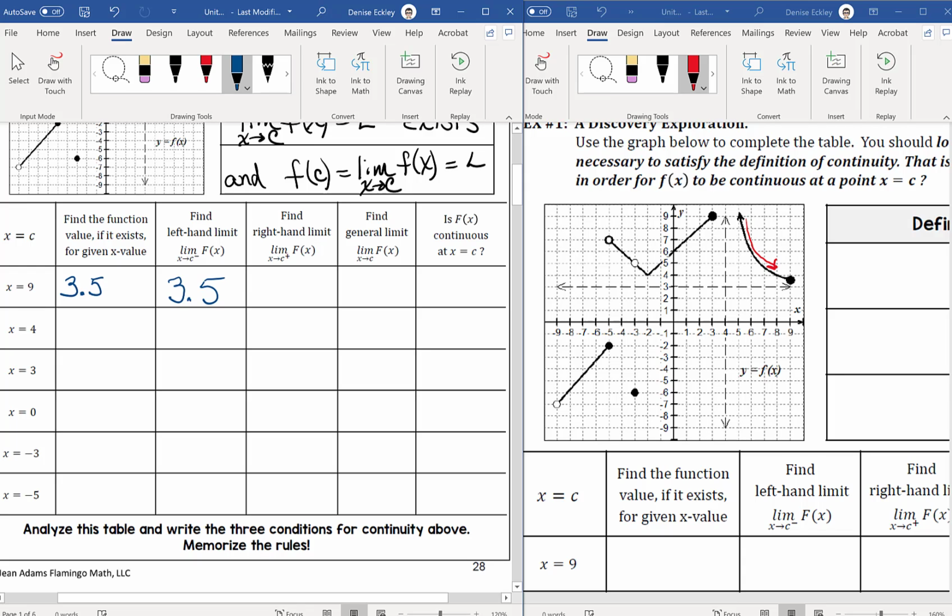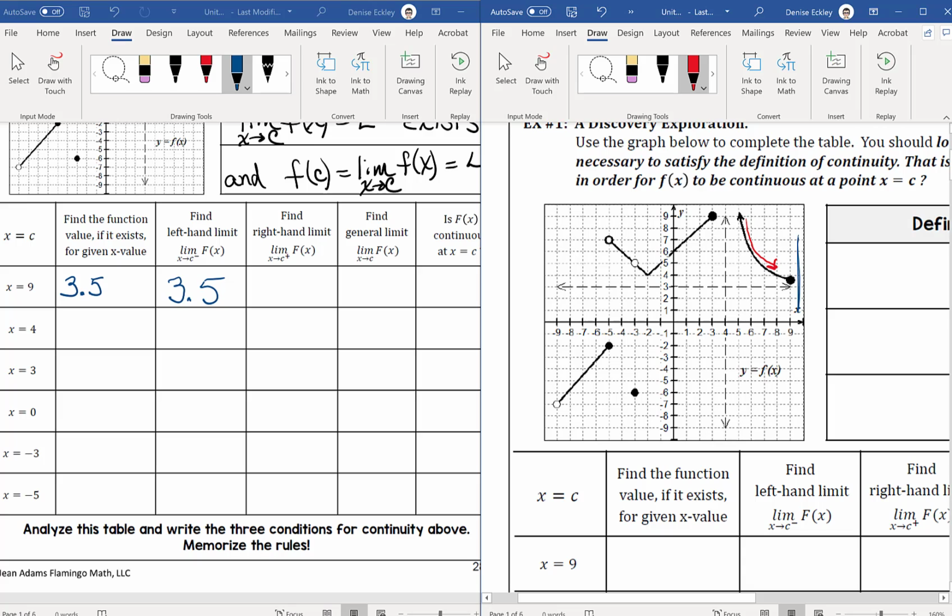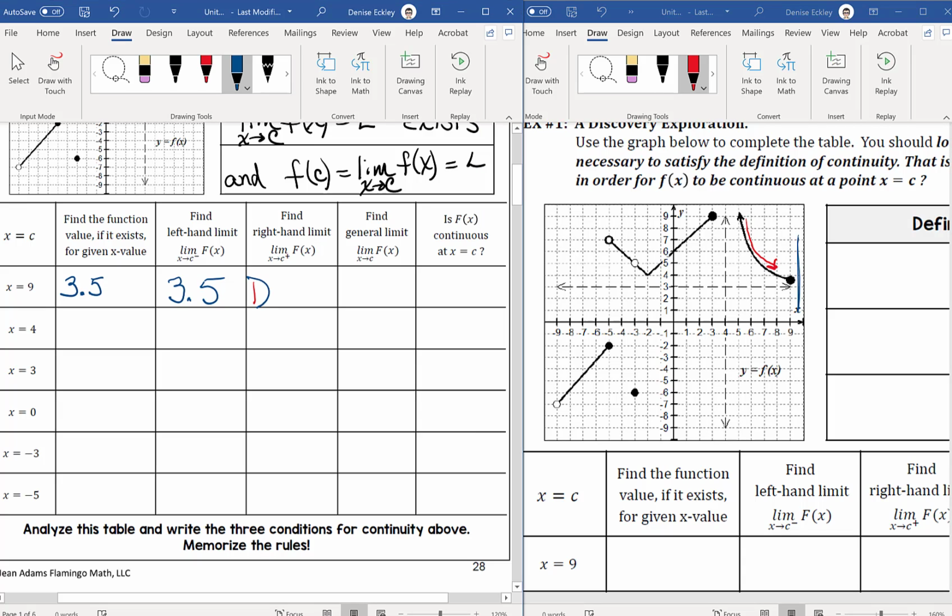From the right, the function ends here, so that's not going to work. So this does not exist. The limit does not exist because the left and right-hand limits aren't the same. Is it continuous? The answer is no, because it doesn't meet our 3 conditions.